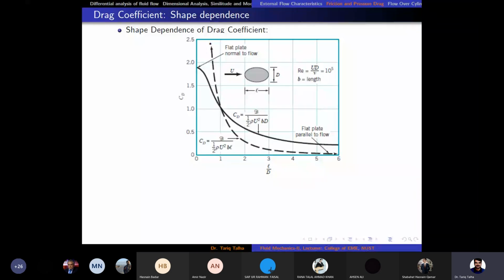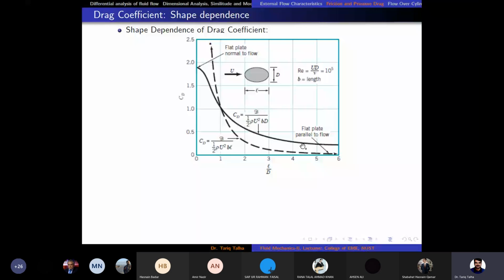So this curve explains very nicely that for a blunt body the drag force would be higher, but as we increase L upon D, we are increasing the length of the body as compared to its thickness or height, so its total drag force would be less.